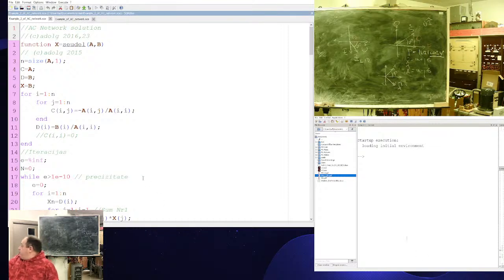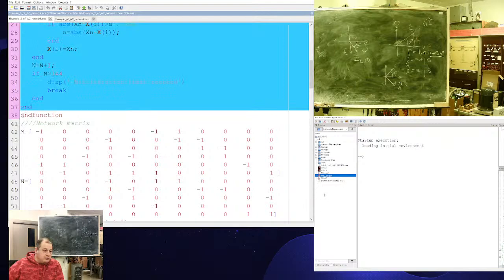It's my example of AC network. Now you can see how I solve a network in reality. What I told in this PDF, how it looks in reality. I will need to solve a linear equation system. So I put a known Zeidel solution function from the first to the 38th.